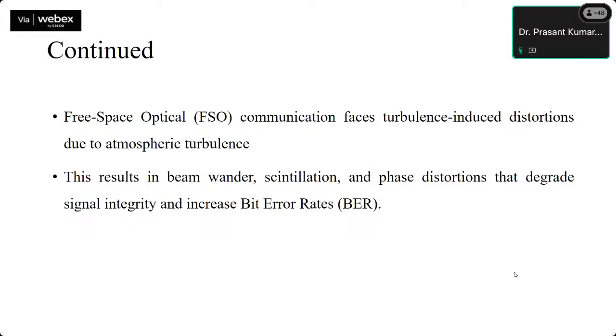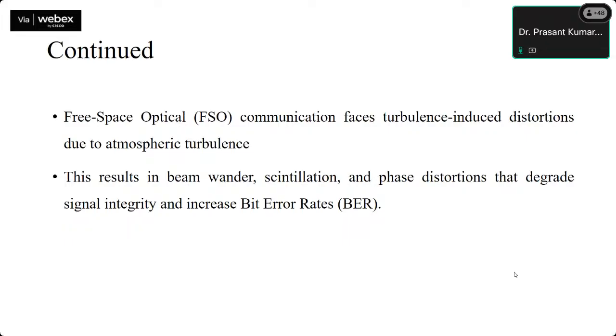As I already said about turbulence-induced distortions, when FSO signals propagate over the atmosphere, they will be affected by turbulence-induced distortions. This turbulence can be classified as weak, moderate, and strong turbulence, which depends on the refractive index structure parameter, with values ranging from 10 to the minus 17 or minus 15 up to 10 to the minus 12.